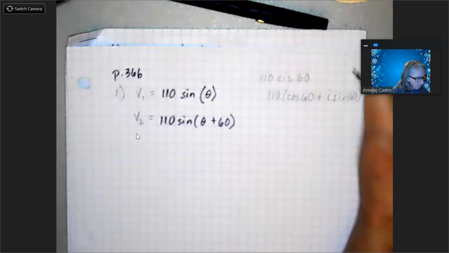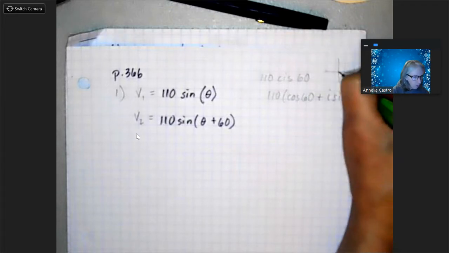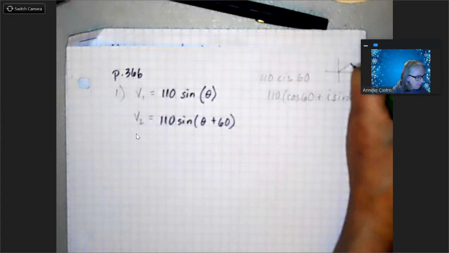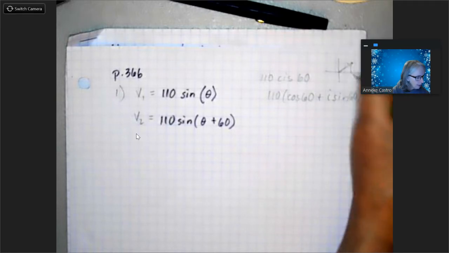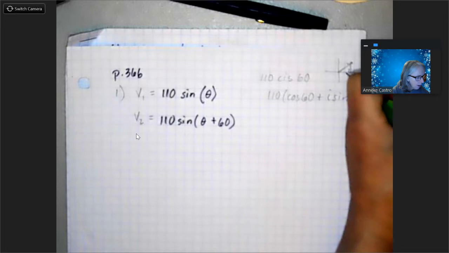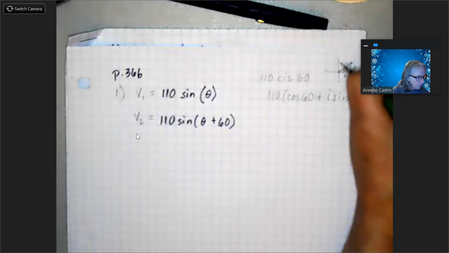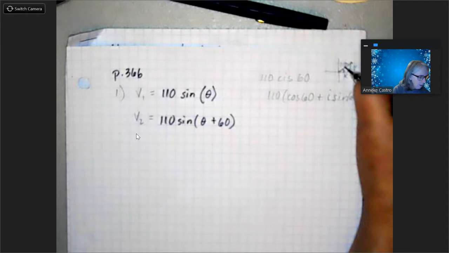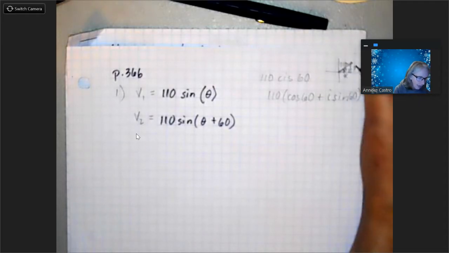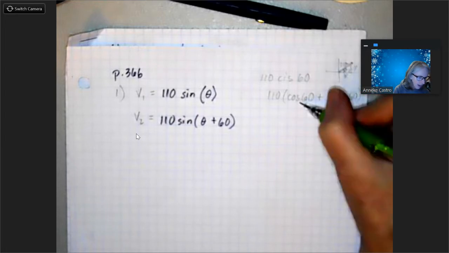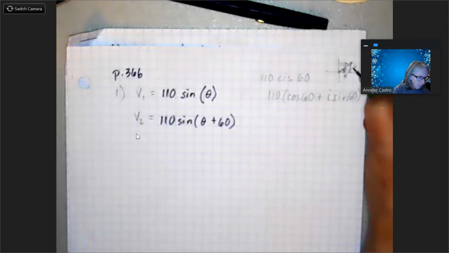And we get that from our use with vectors, right? If we have a vector going like this and we want to write its coordinates here, we can figure out what x is and what y is if we know this angle by using sine and cosine. If we have the amplitude, which here we know is 110, and we have the angle, we can figure out what x and y is by using cosine for x and sine for y.